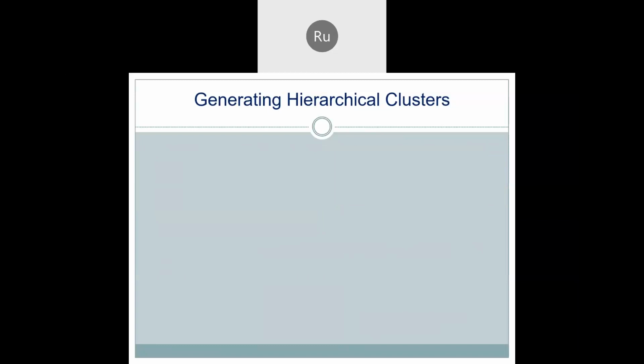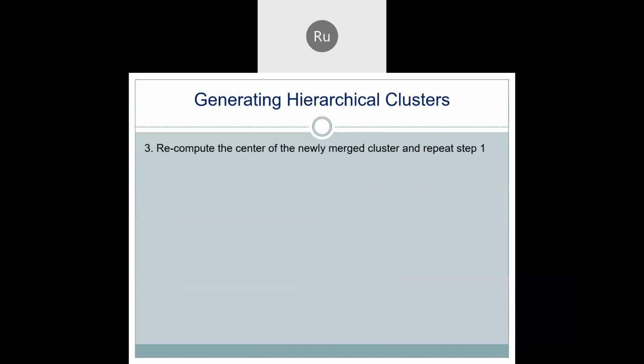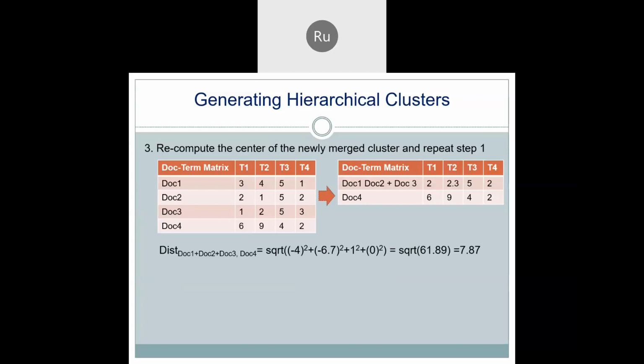So when we draw the sequence of this, basically the sequence is we have P1, P2, P3, and P4. First we merge this one, and then we merge document 1, right? So we are merging them. And lastly, we have this.